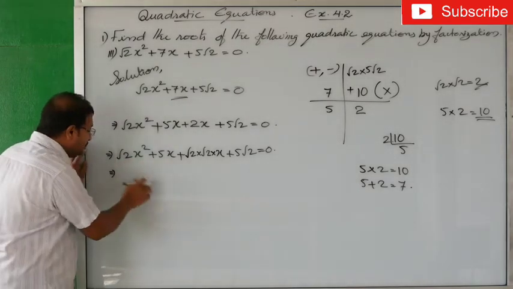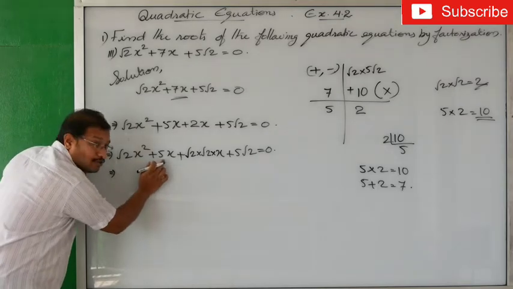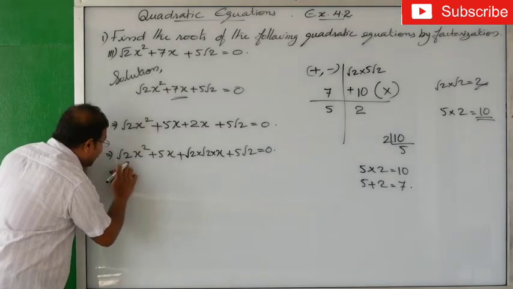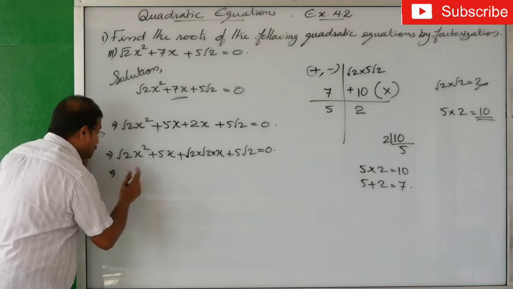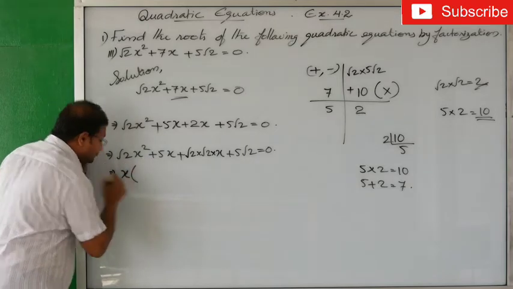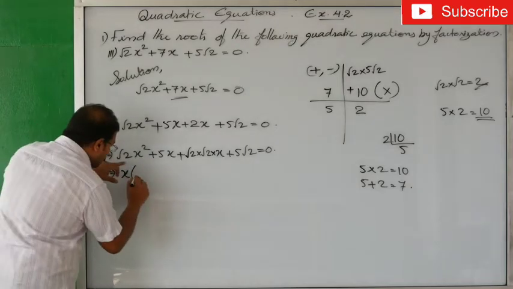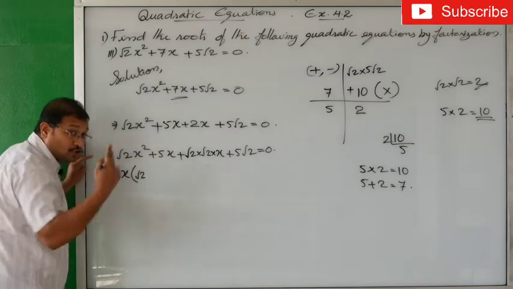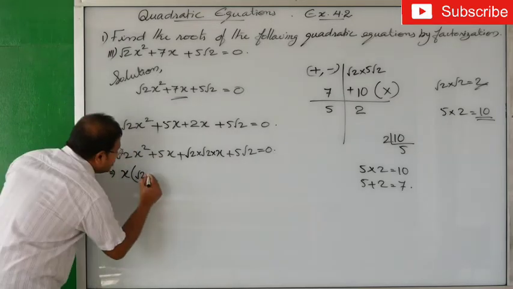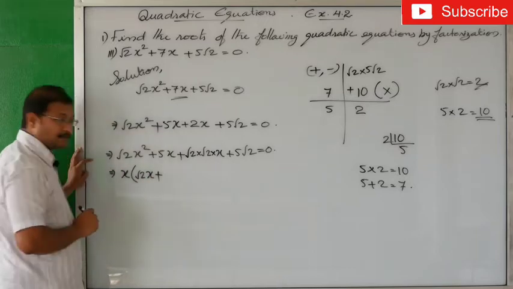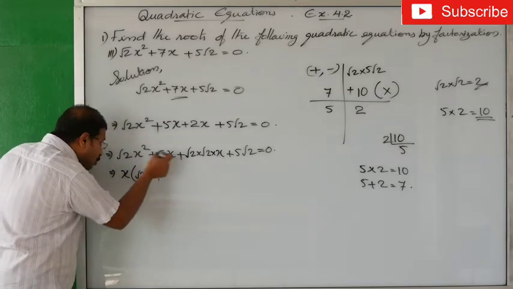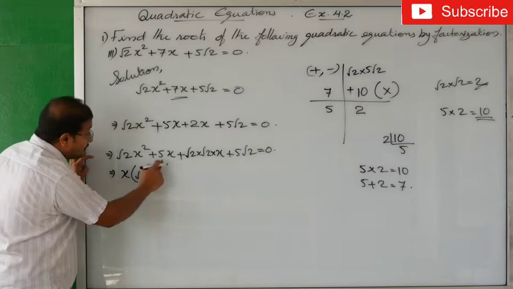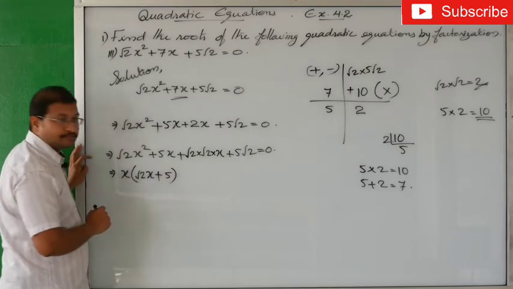What will be the common? Root 2 we can't take because here there is no root 2. 5 we can't take because 5 is not here. X square, x. What will we take common? X. So root 2 is here. X square means 2 times. 1 we took, the balance is x inside plus. 5x we took x outside. What is the balance? 5.